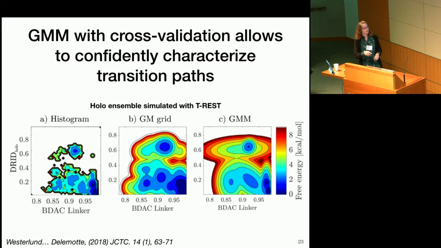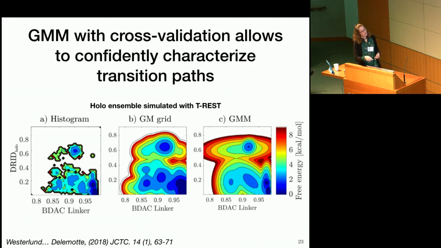And you can see that the features are basically the same. So you can find minima in the same place, which is reassuring. But really, in the presence of histogramming, you have no notion of the height of the barriers, because these regions are sampled so scarcely that you have no data there. But having the Gaussian mixture actually allows you to infer the probability density also in the regions where you don't have a lot of data points, or even no data points at all.